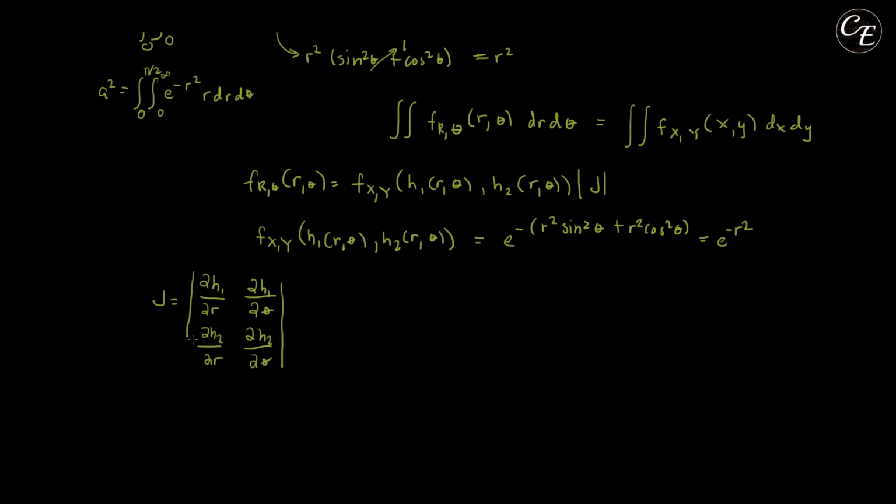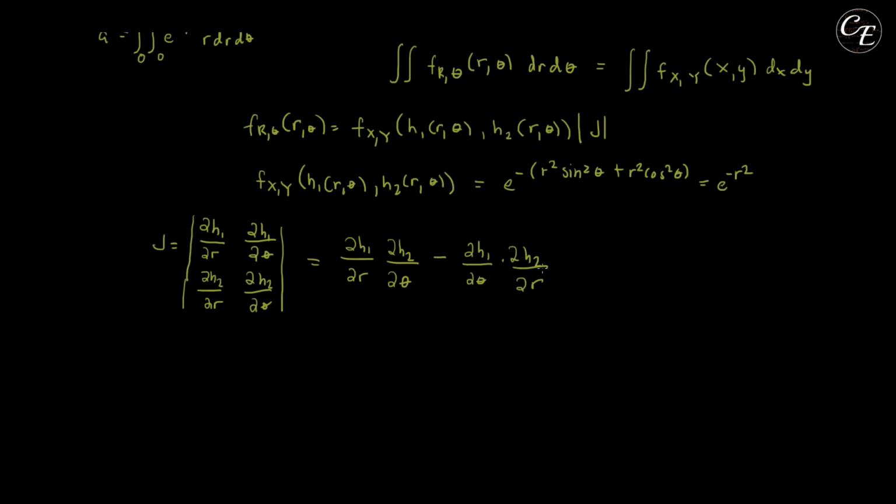This is a determinant, so we multiply the diagonal, the partial of h1 with respect to r, times the partial derivative of h2 with respect to theta, minus this diagonal times the partial derivative of h2 with respect to r.